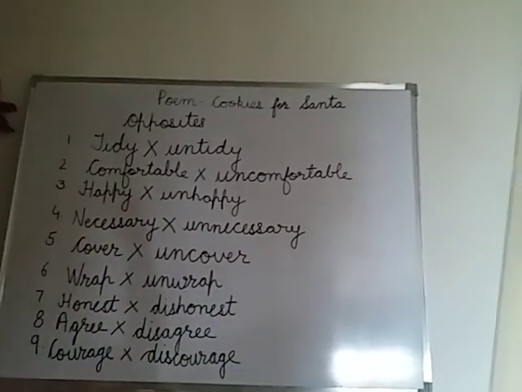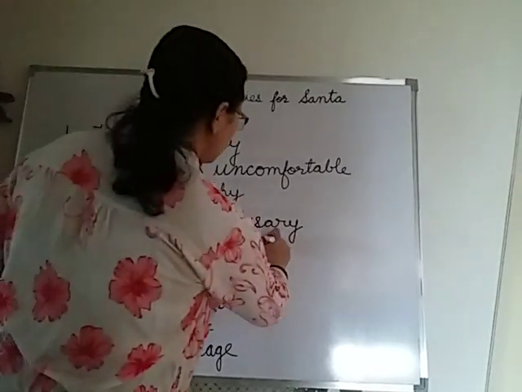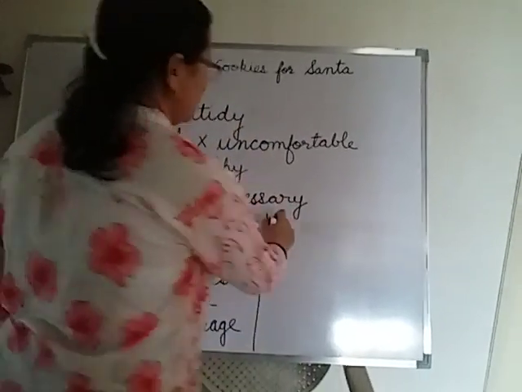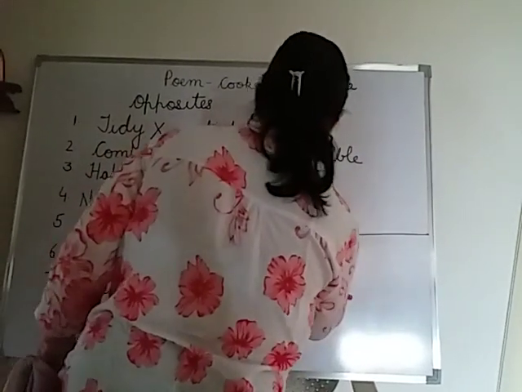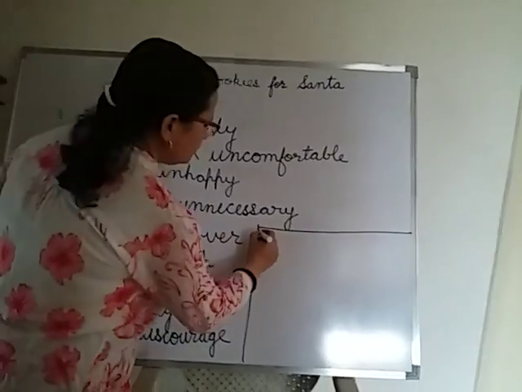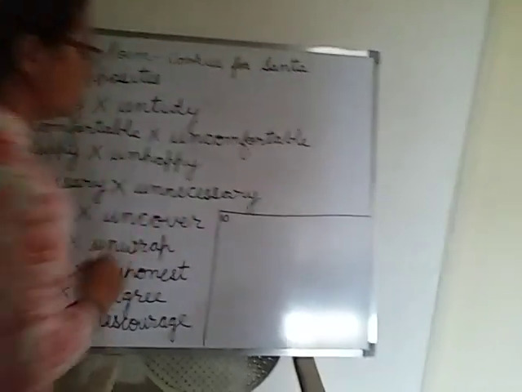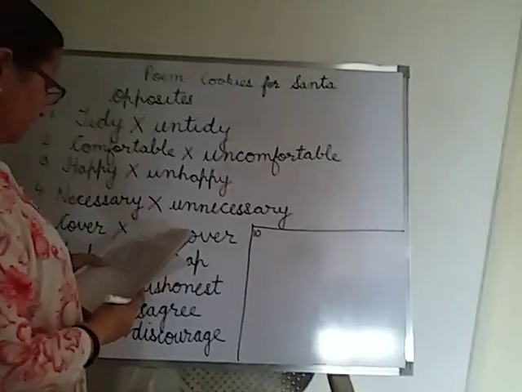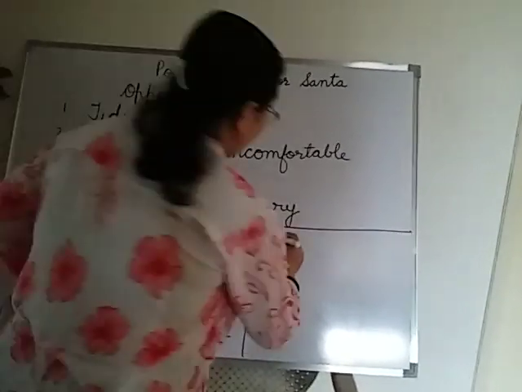Now students, there is less space, so I am dividing my board here. You need not divide your notebook. You will write below this number 10. So below 9 you will write number 10. Now the 10th word is satisfied.